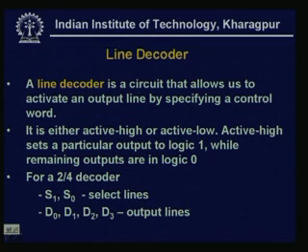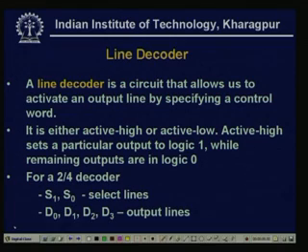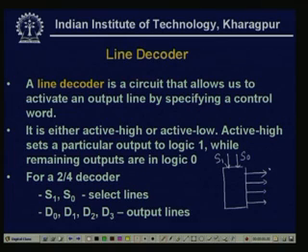For a line decoder, if we draw the block diagram, there will be two control lines, S1 and S0, and 4 output lines, D0, D1, D2, D3.